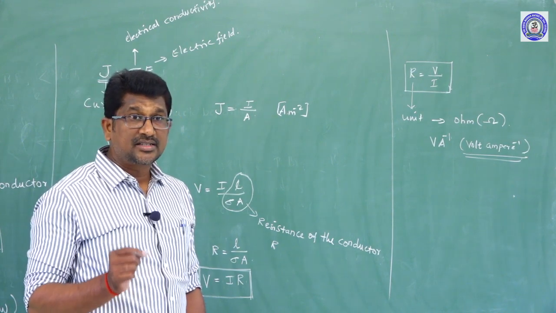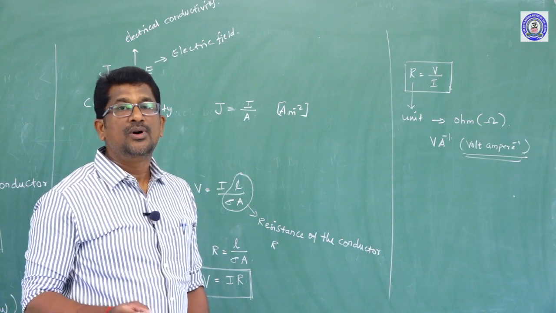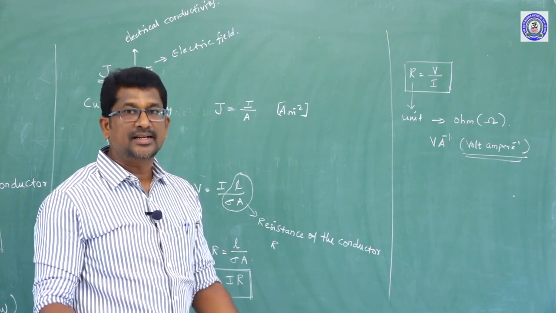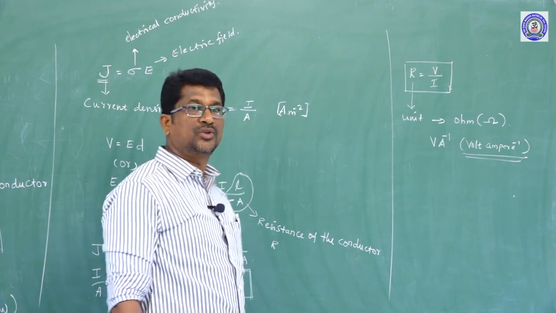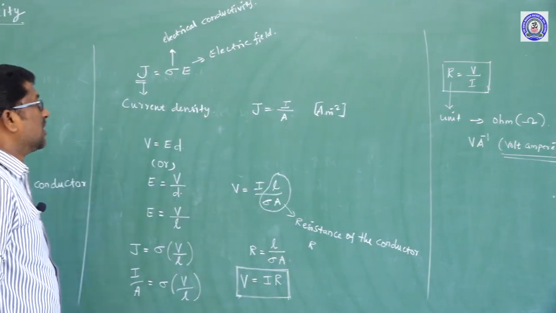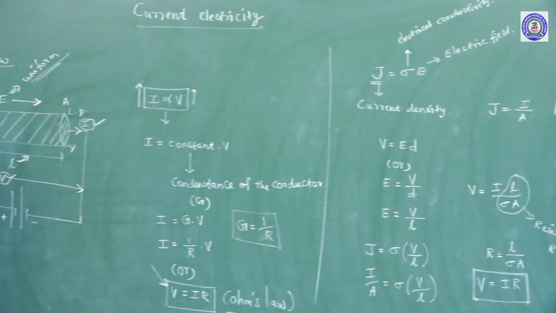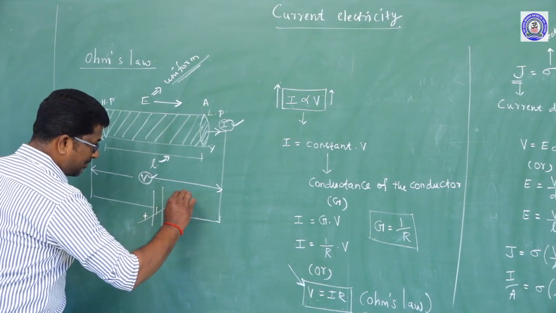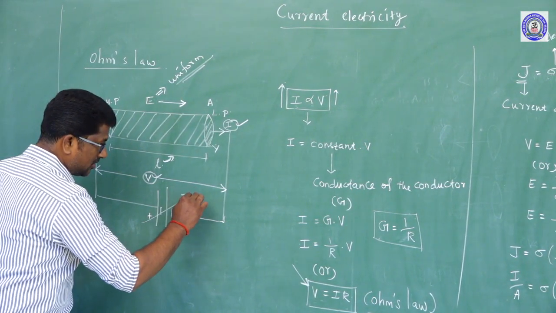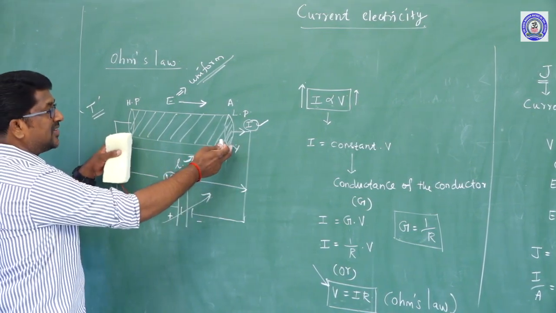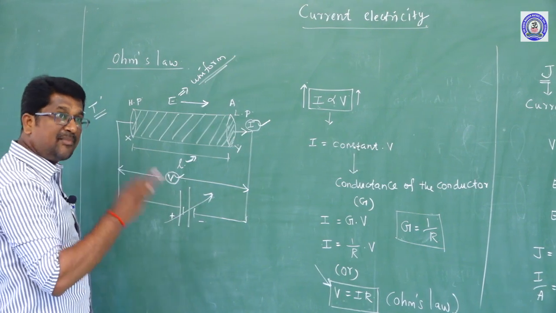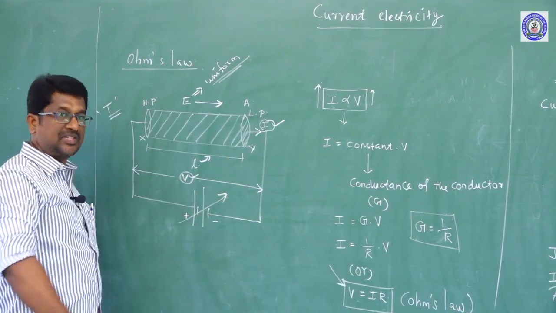Resistance of the conductor is defined as the ratio of the potential difference applied across the ends of the conductor to the current flowing through the conductor, right. Suppose this is a variable power supply or variable battery, that is, the potential difference applied between the two ends of the conductor can be varied by using this power supply.